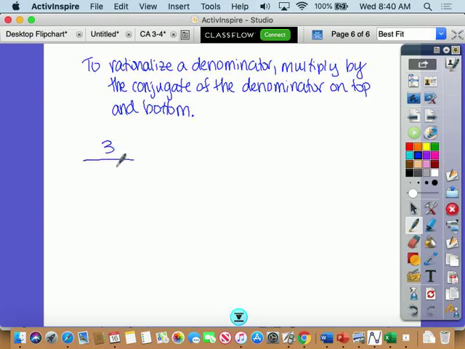So 3 over 5 plus the square root of 2. Rationalize the denominator. That's what we're doing. The directions will say rationalize the denominator. Or they may just say simplify.